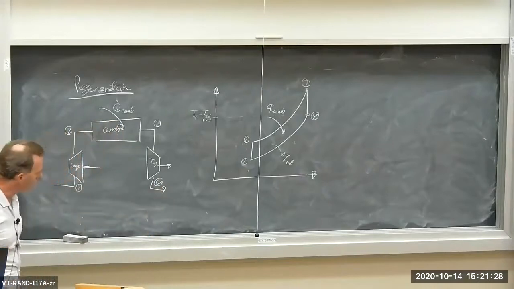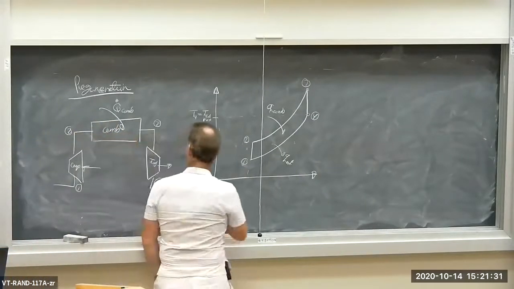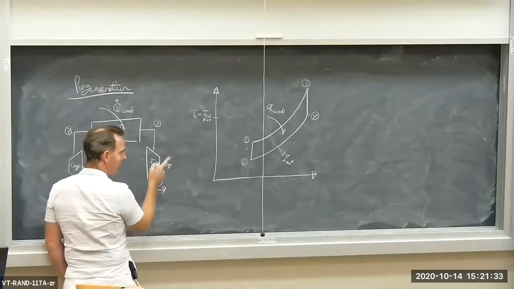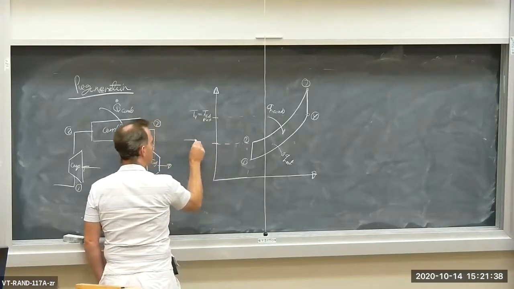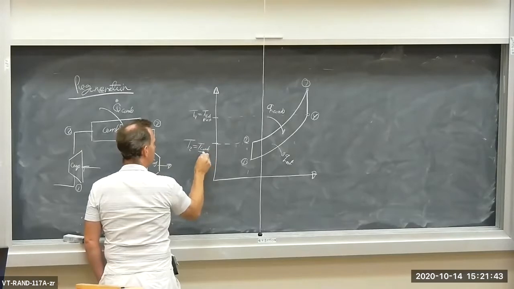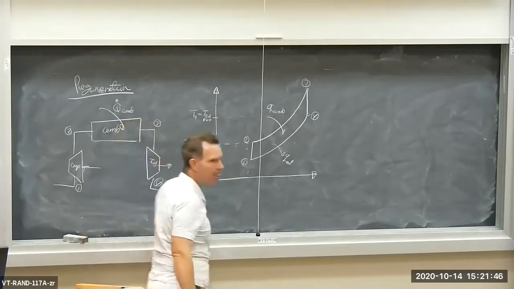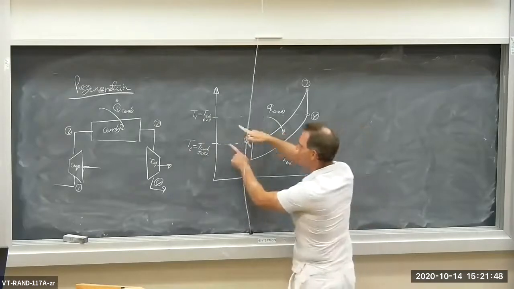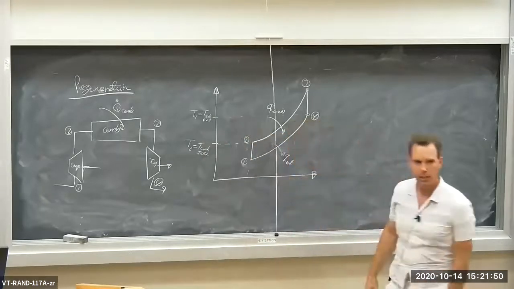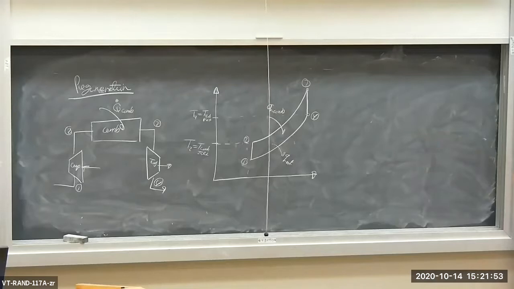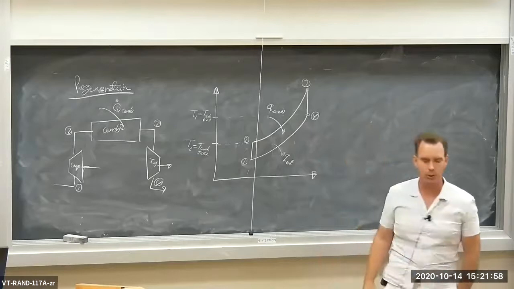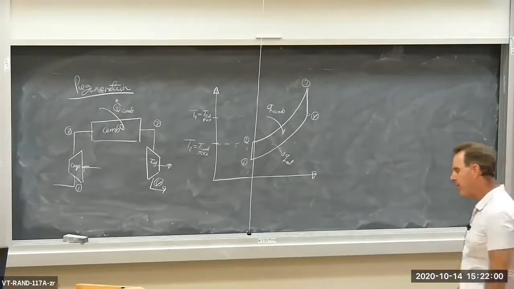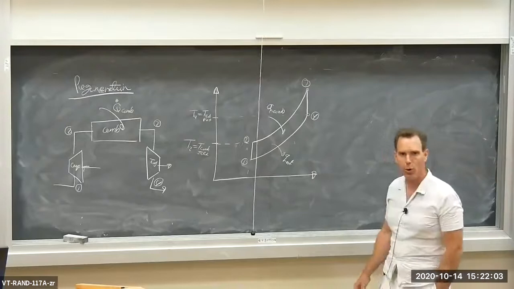Now I want you to notice something here. The turbine exit temperature in this particular diagram is actually greater than the combustor inlet temperature. So T2 is T combustor inlet. There's a temperature gap here between the combustor inlet and the turbine exit. The turbine exit temperature is a lot hotter than the combustor inlet temperature. Now, heat naturally flows from hot to cold.